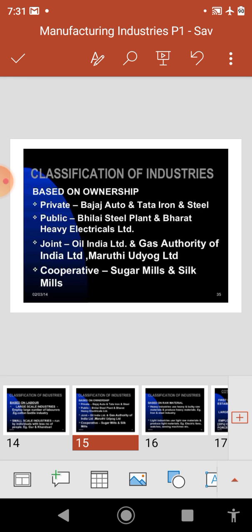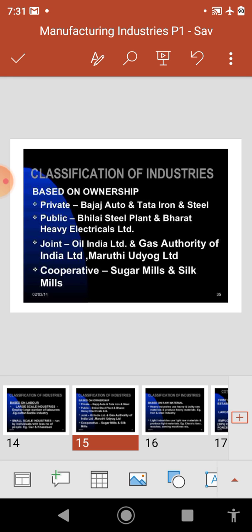As these industries are partly owned by the government and partly by individuals or families, such industries are known as joint sector industries. You can take the example of Oil India Limited, Gas Authority of India Limited.